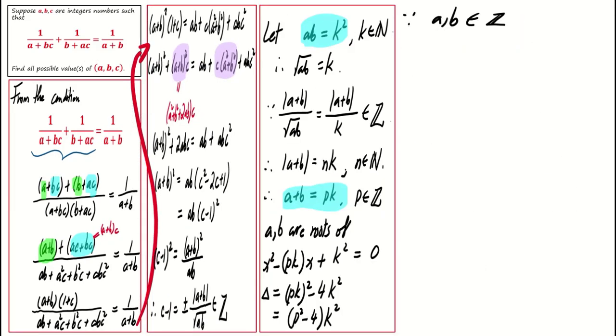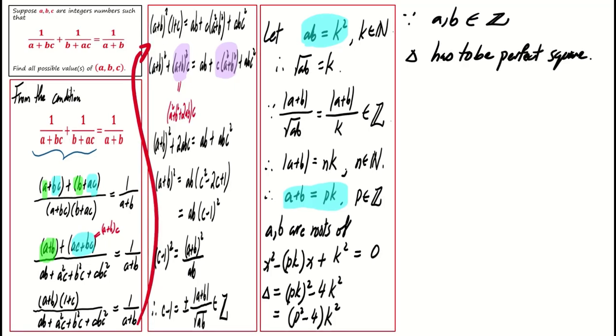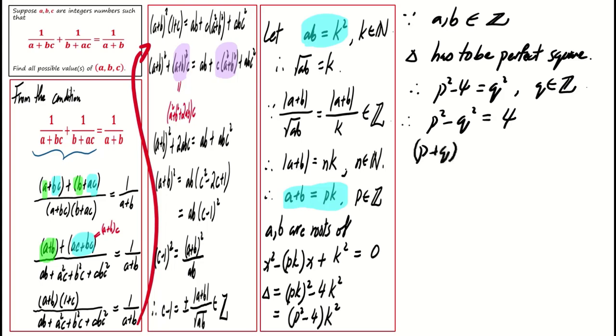As a and b are integers, the discriminant must be a perfect square. So write p squared minus 4 equals q squared for some integer q. This means that p squared minus q squared equals 4. Factorizing the left-hand side gives p plus q times p minus q. For the right-hand side, 4 is 1 times 4 or 2 times 2.